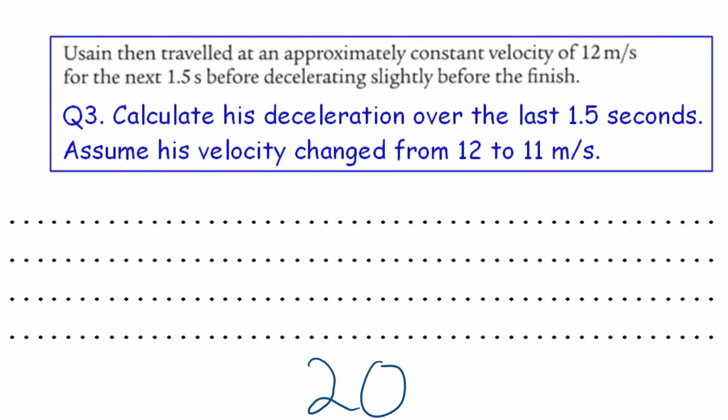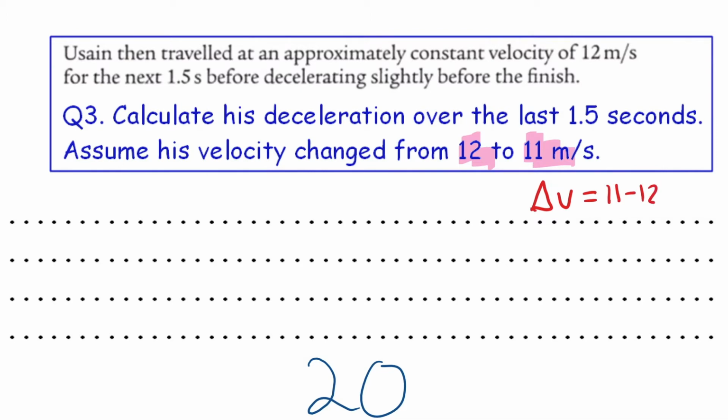Then it says Usain travelled at approximately a constant velocity of 12 meters per second for 1.5 seconds before decelerating before the finish. Calculate his deceleration over the last 1.5 seconds. So that's assuming his velocity changes from 12 to 11. They've done a lot of the work there for you, look, because the change in velocity here is going from 12 to 11.